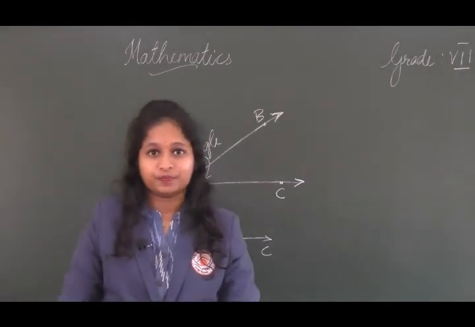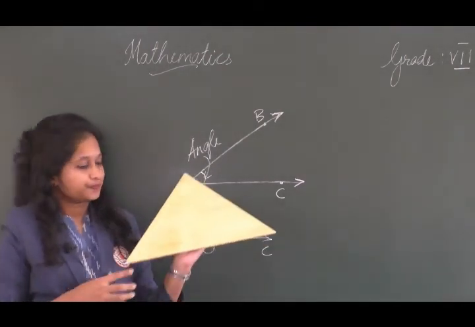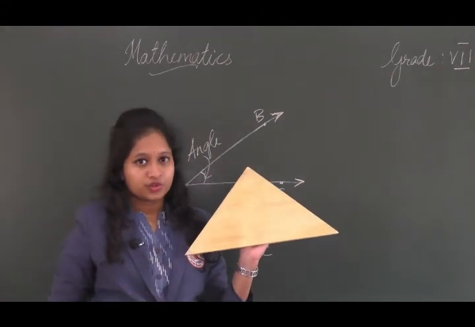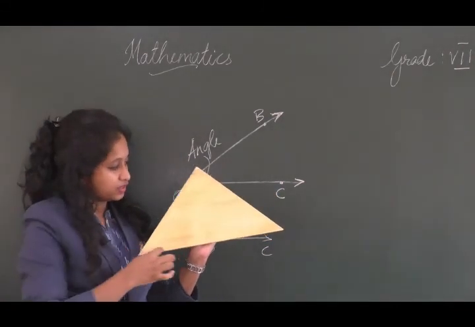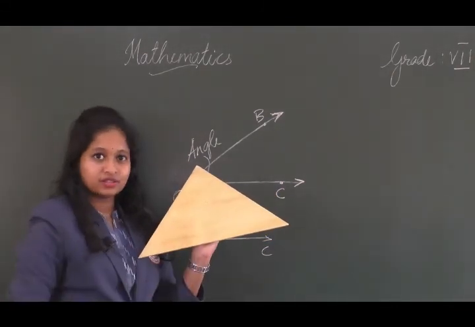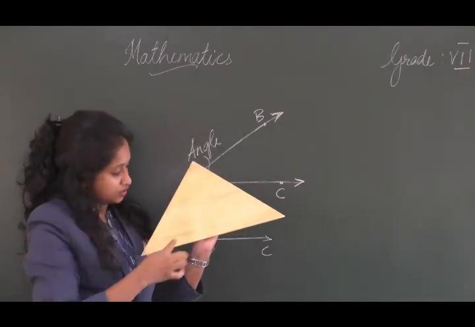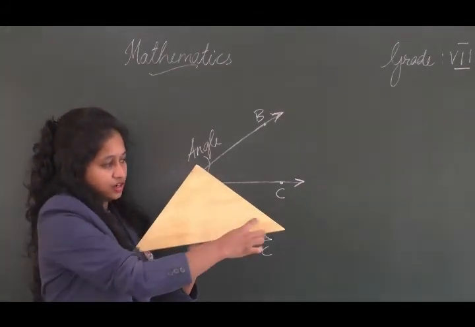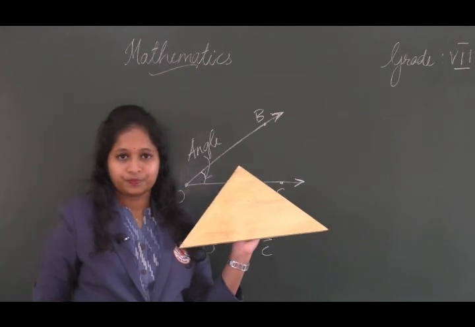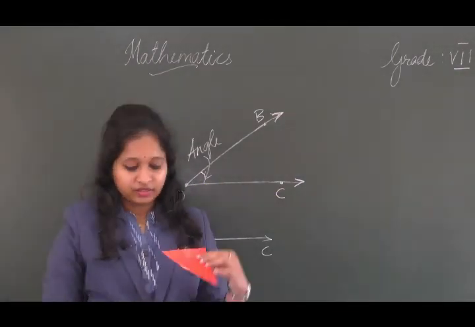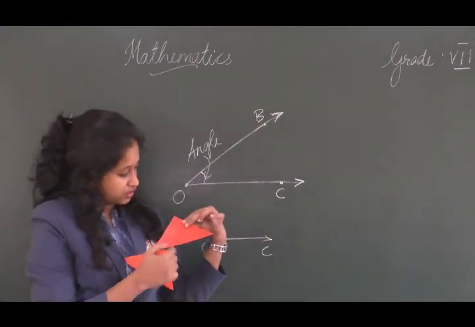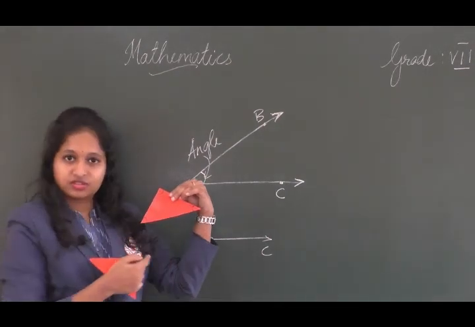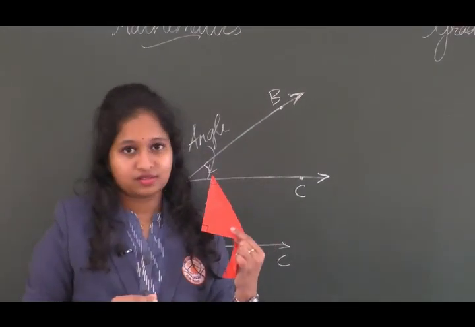If you take one triangle, here if you notice, there are line segments and here angles are formed. The angles can be represented like this or like this.